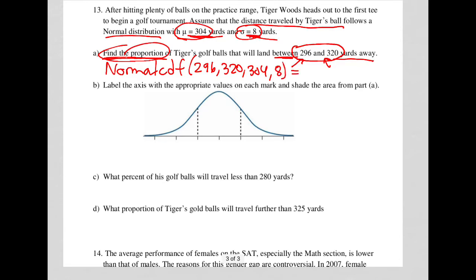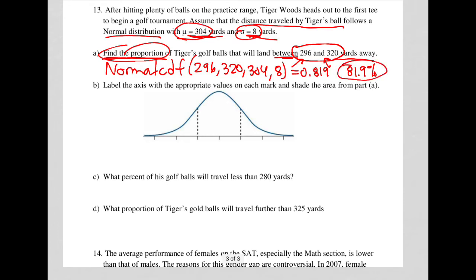So if we see what that equals, we get 0.819, if we round that. So about 81.9% of the time, his golf ball will land between 296 and 320 yards away.